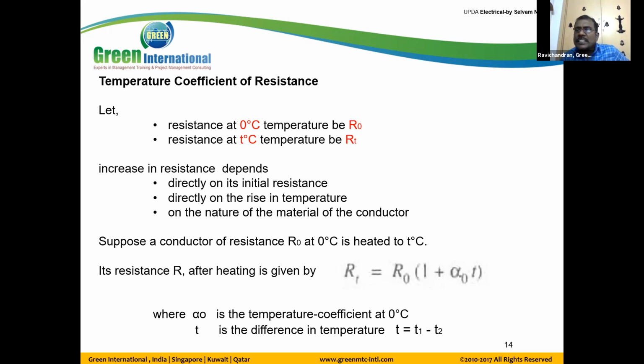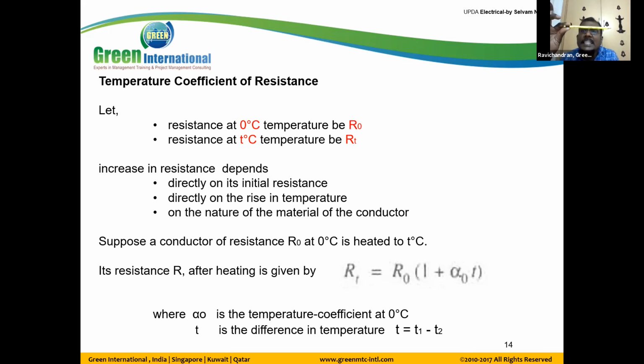So we are not able to say the resistance value of a conductor is always constant. For example, assume that it is a conductor.